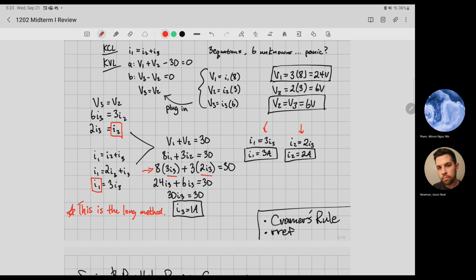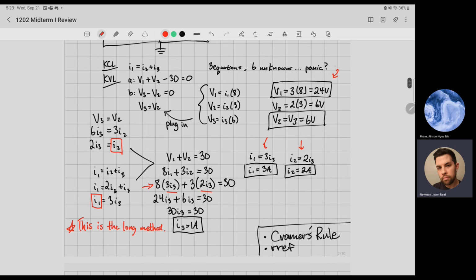So now you just plug into this KVL equation. Actually, this is just the Ohm's law equation. So V1 is equal to 3 times 8. I know I draw a bunch of arrows, but this I1 equals 3 amps. I'm plugging it in right here.